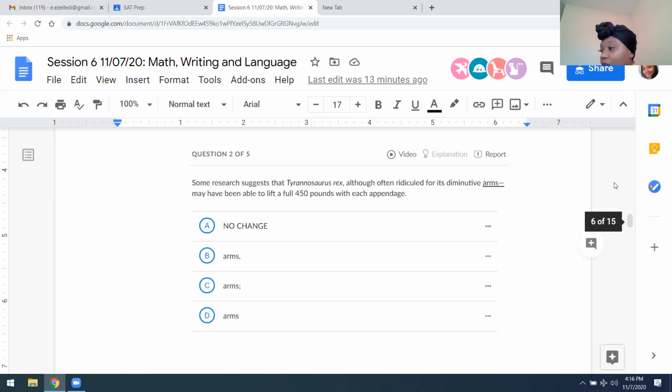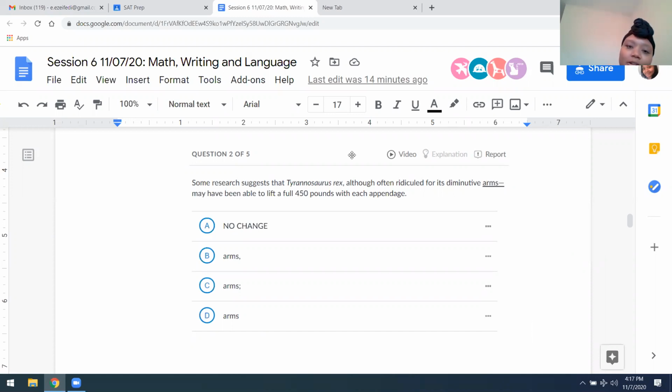So the correct answer choice is going to be B, because one, we established this is a non-essential phrase, the phrase being, although often ridiculed for its diminutive arms. That's non-essential for this sentence to have good grammar.